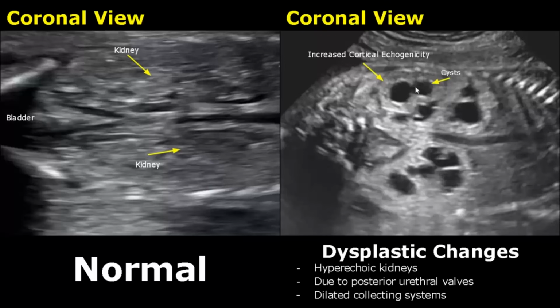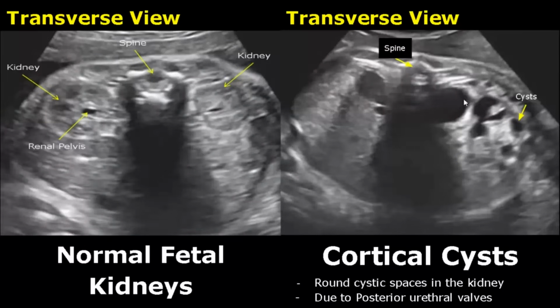They appear hyperechoic and have cystic areas. We have another case of posterior urethral valves showing us cortical cysts in the kidney. You can also notice the hyperechoic appearance of the kidney.